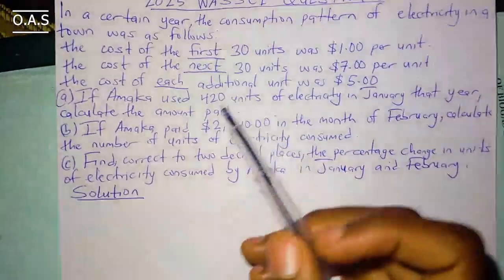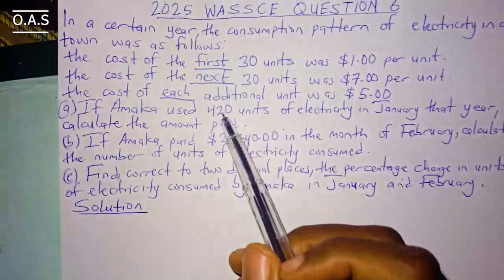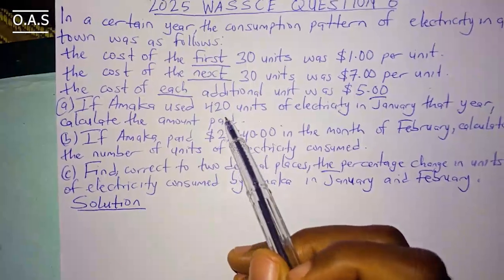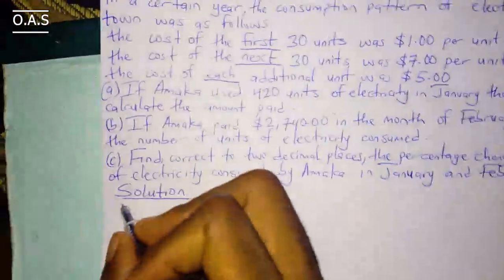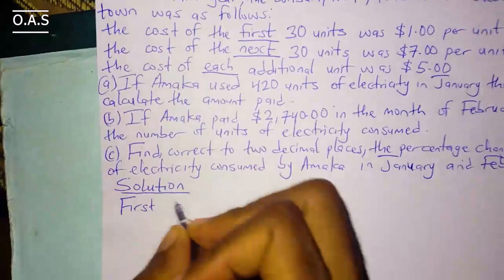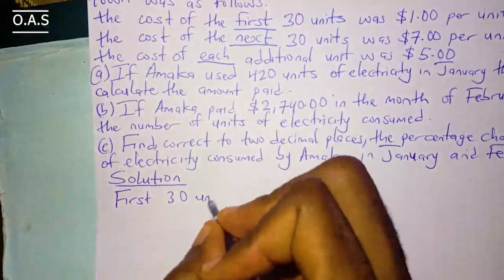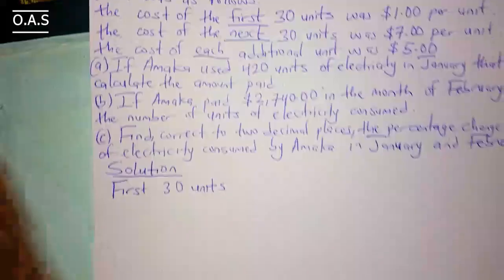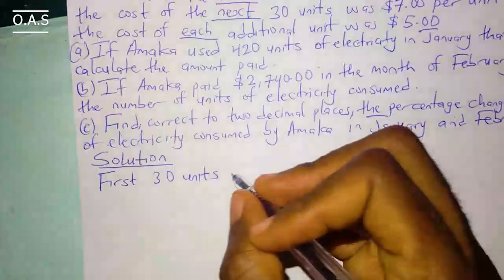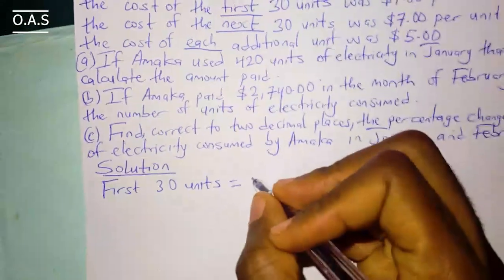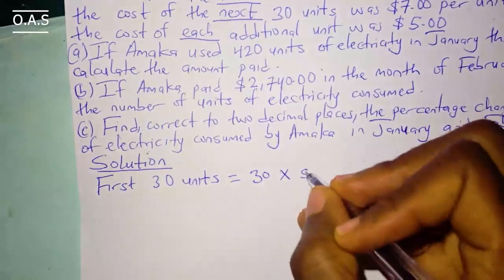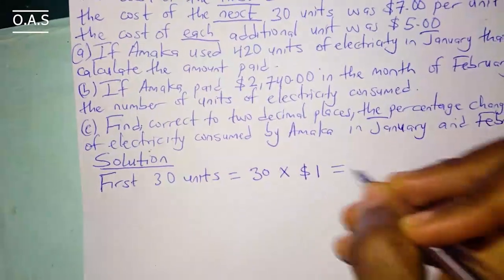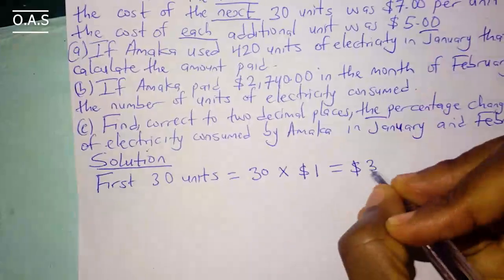Now for Amaka, who used 420 units. Out of the 420 units you used for the month, the first 30 units will cost 30 multiplied by $1, and that's going to be equal to $30.